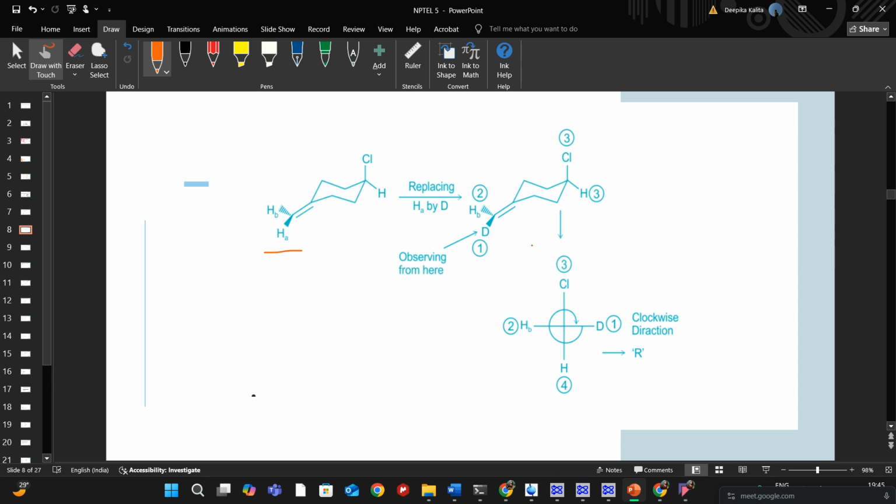And after replacing the HA proton by deuterium, you can see that observing from here, the priorities look like this.